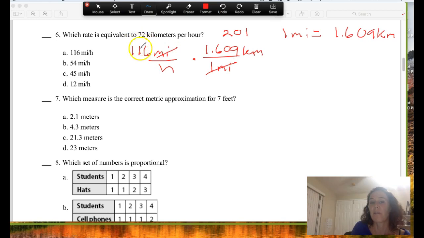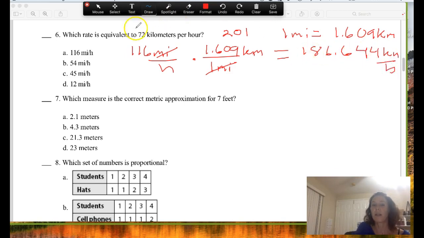And it's going to leave me at 116 times 1.609 kilometers. So kilometers will be on the top and hours will be on the bottom. And I'll go 116 times 1.609 on my calculator. And that's going to give me 186.644. And that will be kilometers per hour.